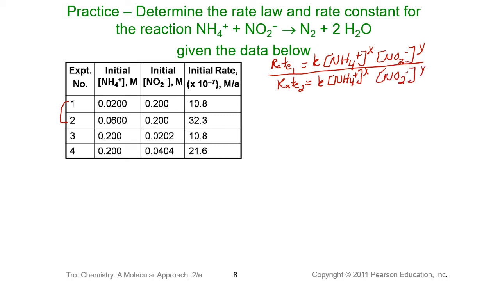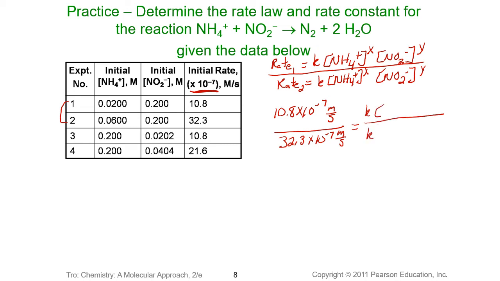Okay, we can plug some numbers in. So our rate 1 is 10.8 times 10 to the -7, so that is in our table, molarity per second. Divide by rate 2. We don't know k yet.